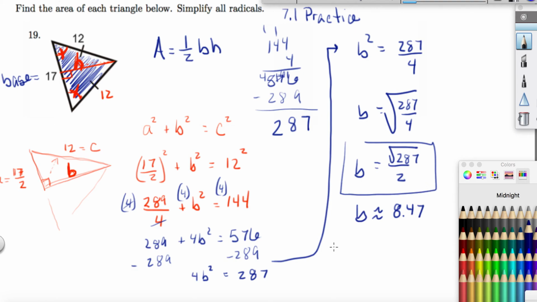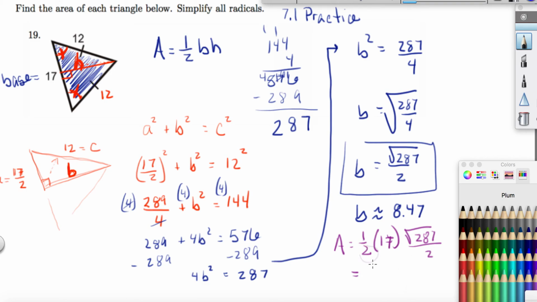Now, area is 1/2 base. So our whole base is 17. You put the whole base in, and then our height is square root of 287 over 2. 17 doesn't divide by 2, but this 2 right here and this 2 can go together. That would be a 4.